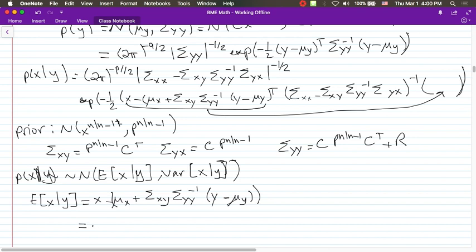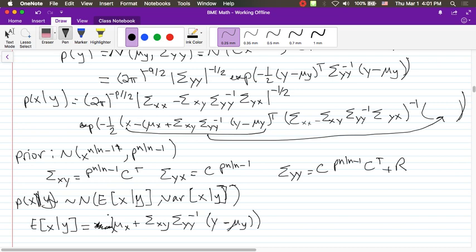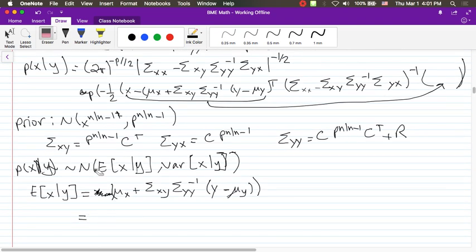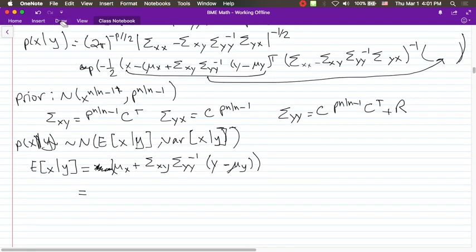The expected value of x given y is just this term here. There's no x here, because this is x minus the mean. Mu x is x of n given n minus 1.